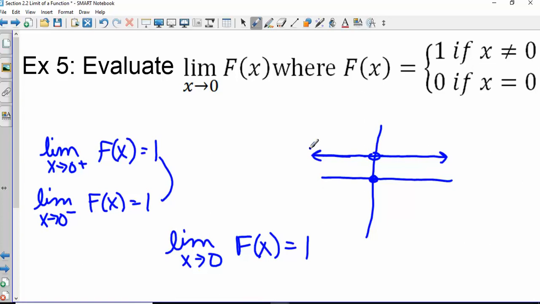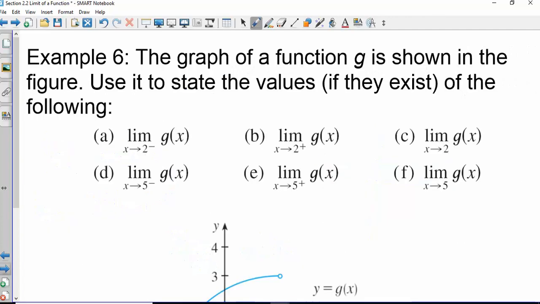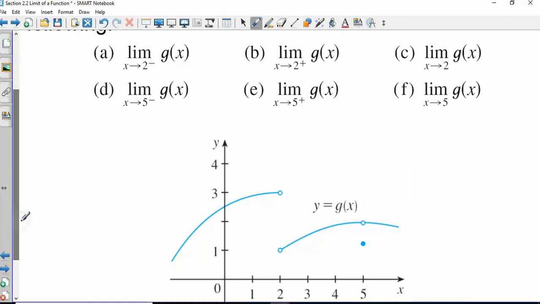We're going to try another one, just looking at a graph and trying to understand what this is telling us, and then we'll pick up with it tomorrow. So, here's a graph, and I'm going to find each of these things. First one: the limit as x approaches 2 from the left. As my x is getting closer to 2, what did my y value get close to?